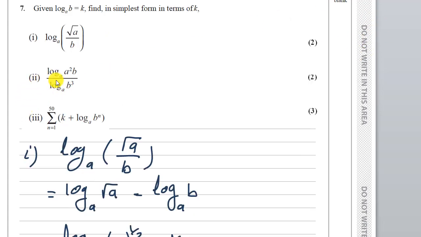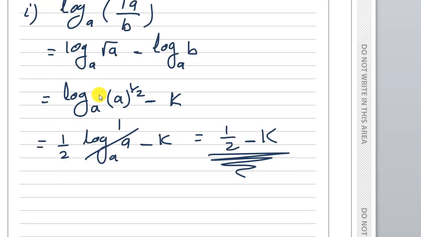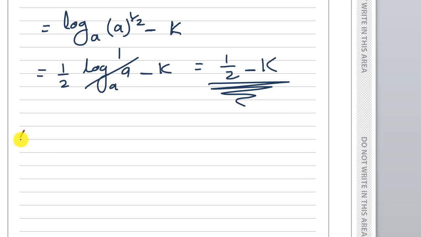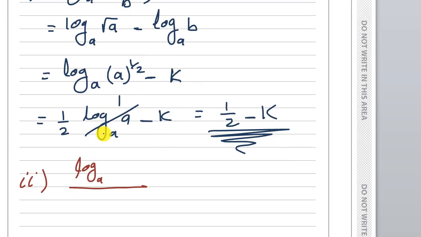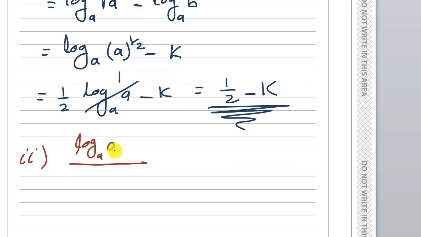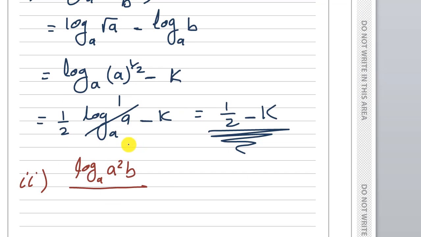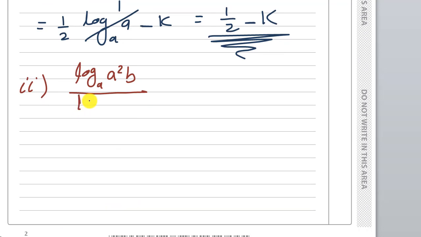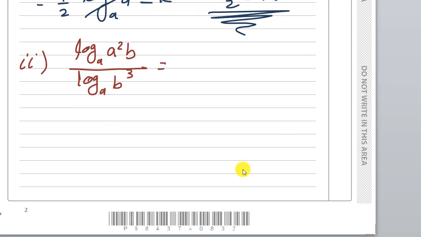Second part, log a squared b divided by log a b to the power 3. So this is number 2. Log a squared b divided by log a b to the power 3.